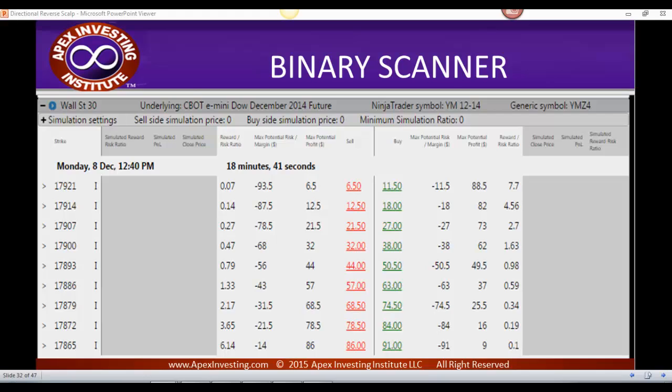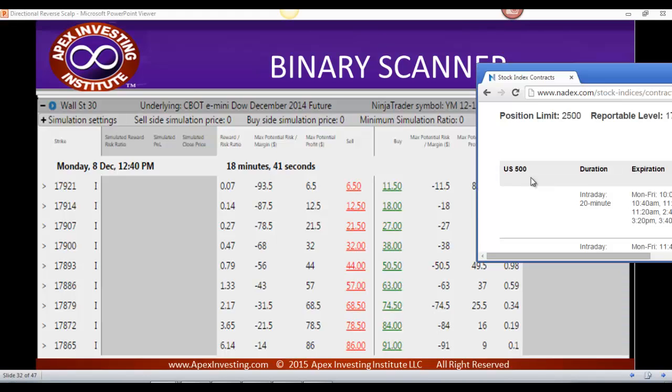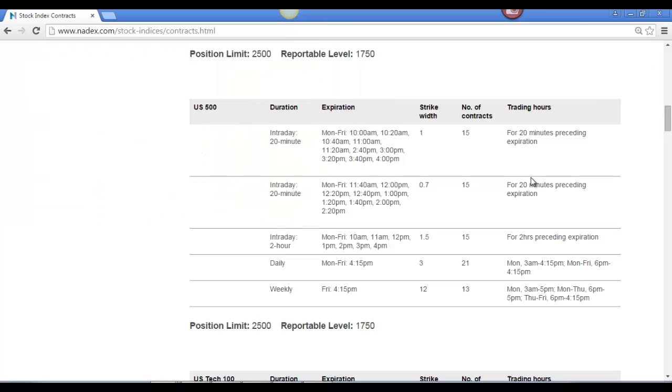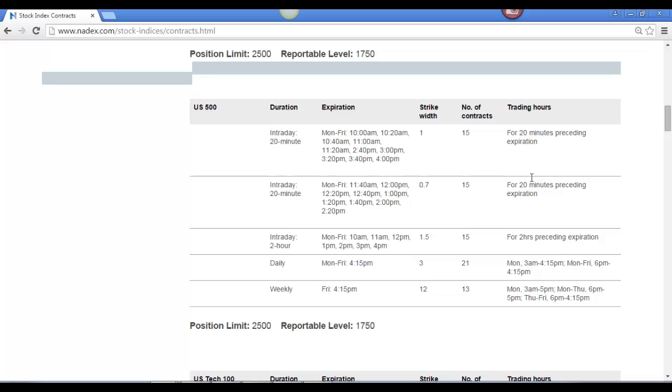Let me see. I'm just trying to pull it up here for you. If you go to the Nadex website, let me just pull this over here. There we go. For example, on ES, 20-minute contracts are one tick.